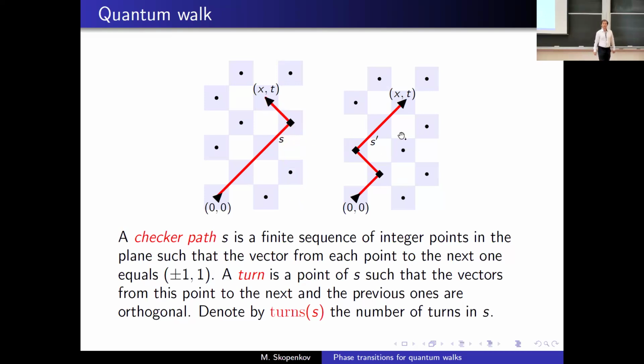The black rhombi depict turns, that is, the points where the checker changes its direction. In the figure to the left, we have one turn, and to the right, we have two turns. Denote by turns of S the number of turns in a path S.